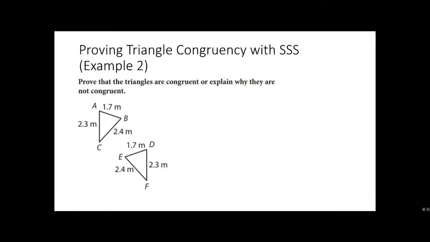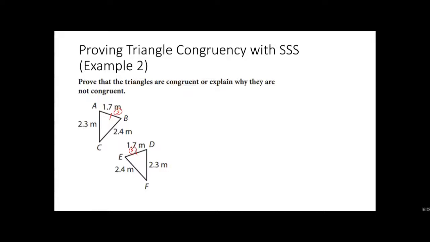All right. So example 2, we're still proving triangle congruency with side, side, side. If you look here at our image, they actually give us some values. Well, we know that AB, the smallest side of the triangle, is the same as DE, which is also the smallest side. So we got a side here that works.